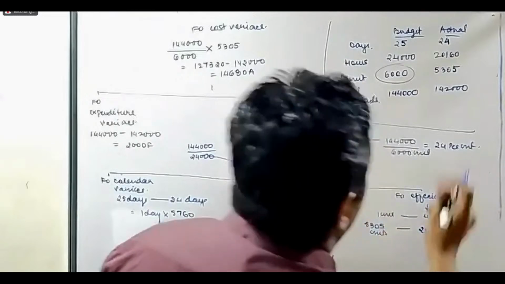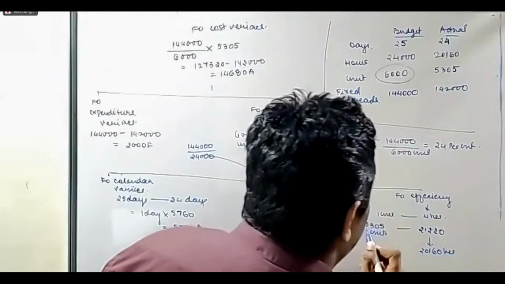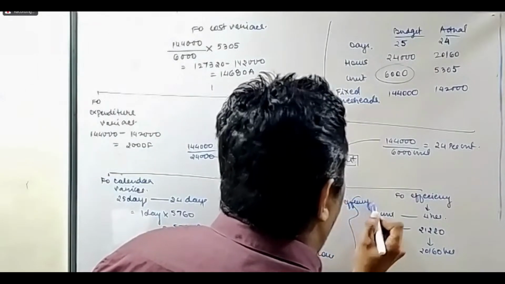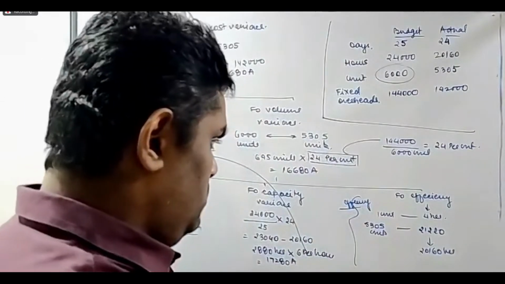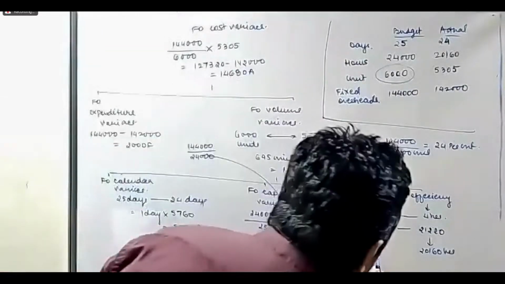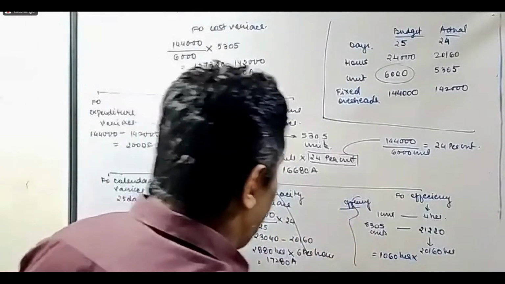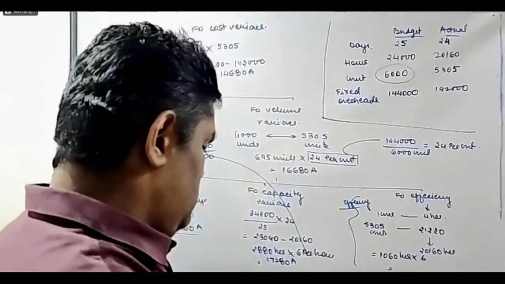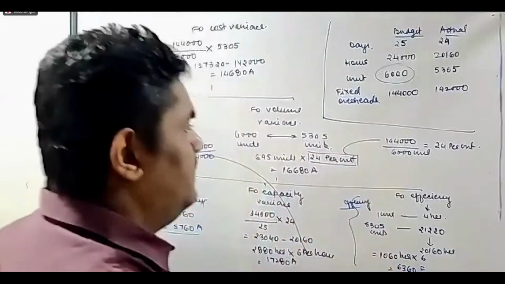But we completed the work in 2160 hours only. So we can say it is not inefficiency, it is efficiency. By 1060 hours into the rate per hour, that is 6, so this will be 6360 favorable.